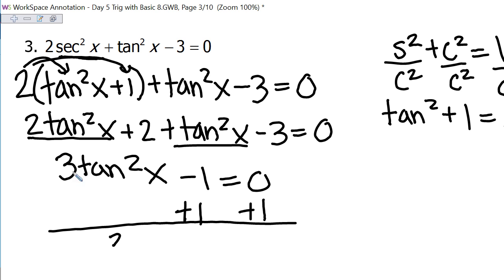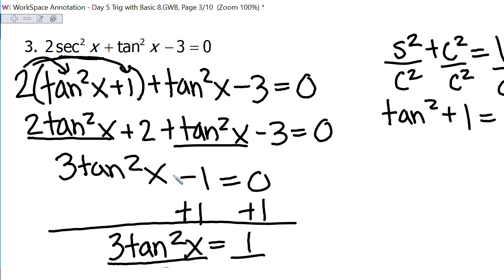So that would be 3 tangent squared of x is equal to 1. Divide both sides by 3. Okay, so that gives me tangent squared of x equals 1/3. Square root both sides.